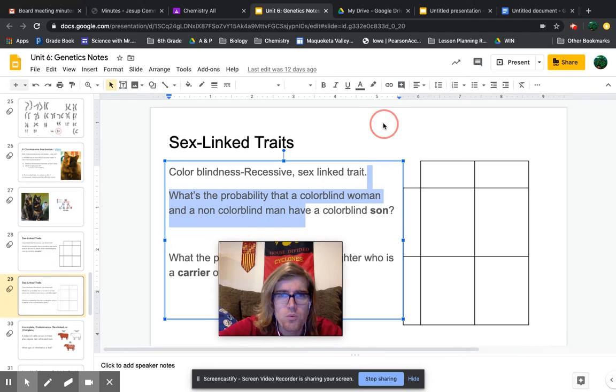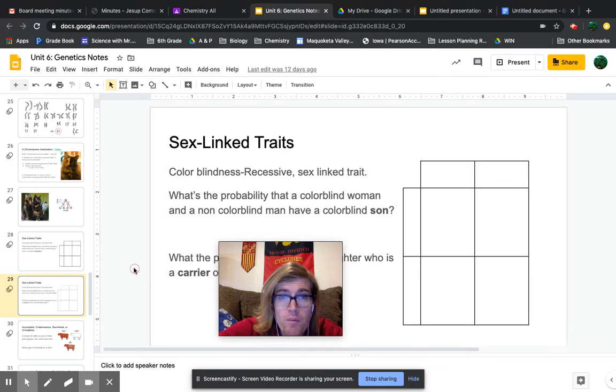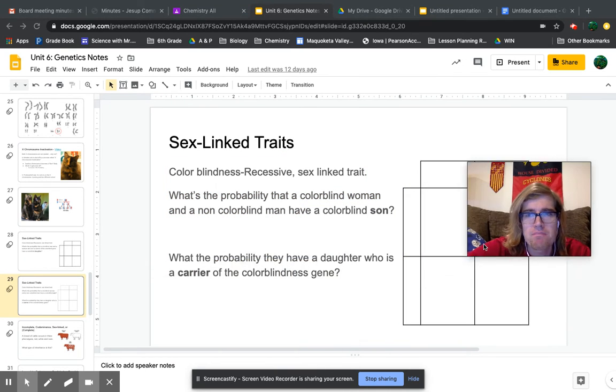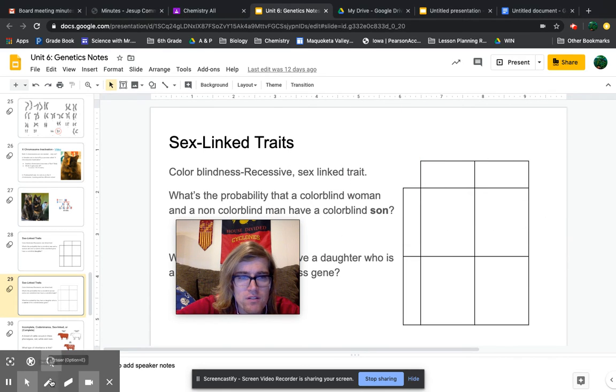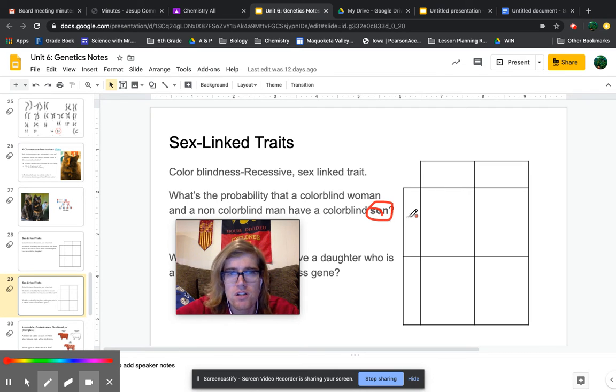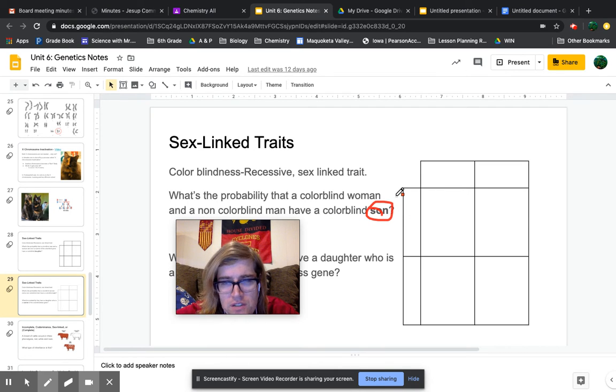Okay, colorblindness. What's the probability that a colorblind woman and a non-colorblind man have a colorblind son? Okay, first they're asking us about their son. So let's see, colorblind woman. So what is her genotype? You can go ahead and fill it in. You can pause it. I'm just going to go ahead and do it. All right, colorblind woman. So she's X little b, X little b.